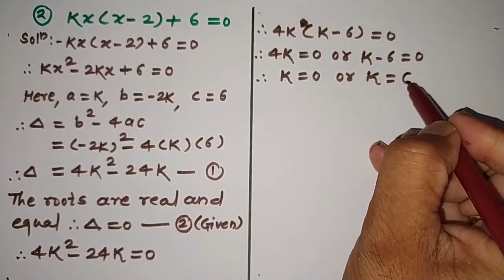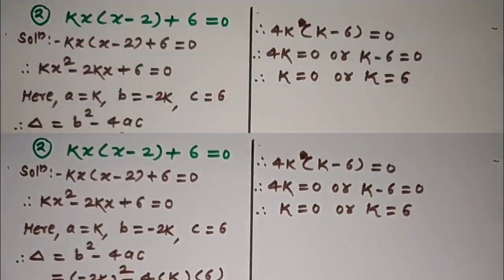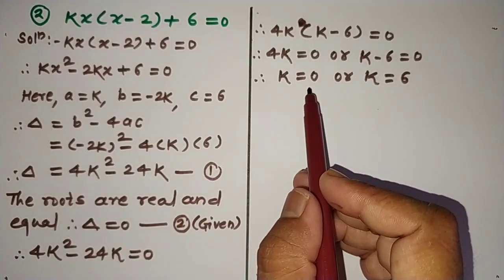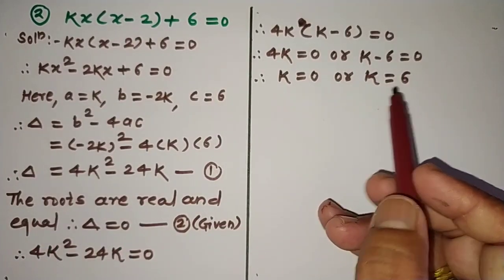It goes to the right hand side, plus. The value of k is equal to 0 and the value of k is equal to 6.